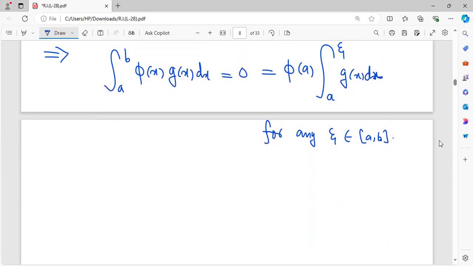So in the case phi(a) is equal to 0, the result is true.